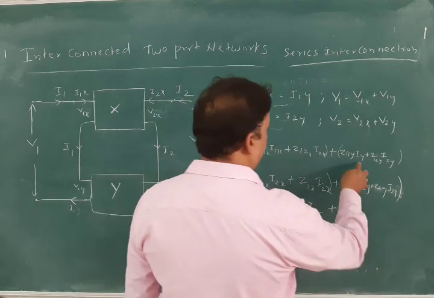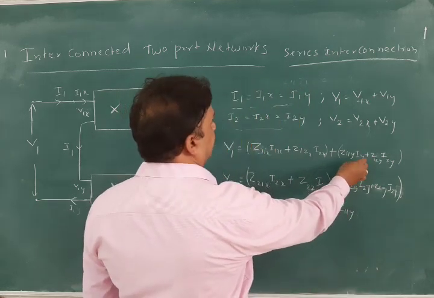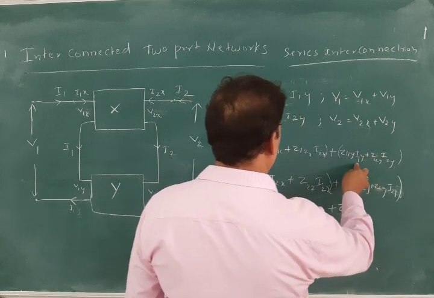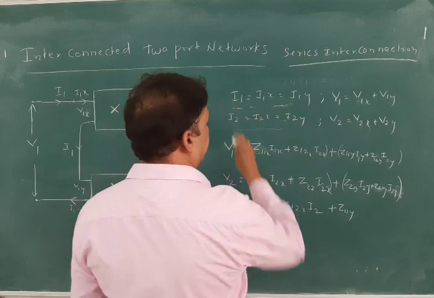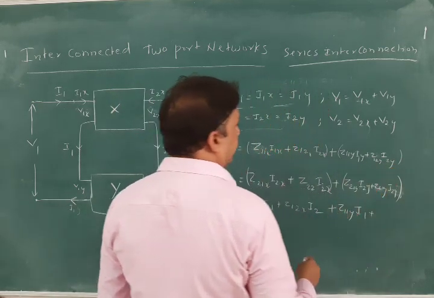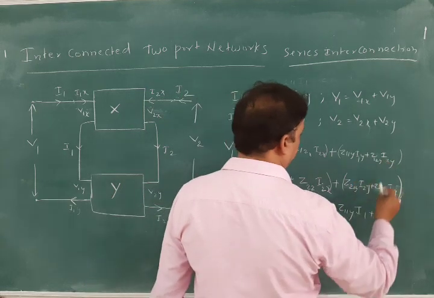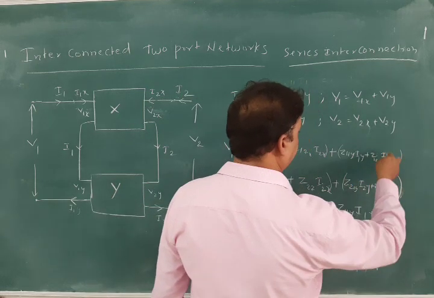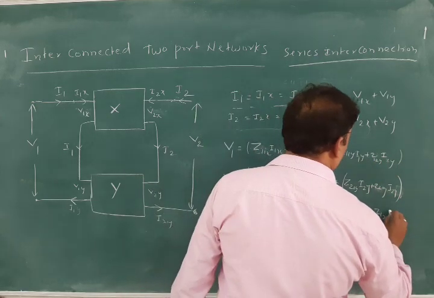What is I1y? I1y is equal to I1, plus Z12y into I2y, nothing but Z12y into I2.